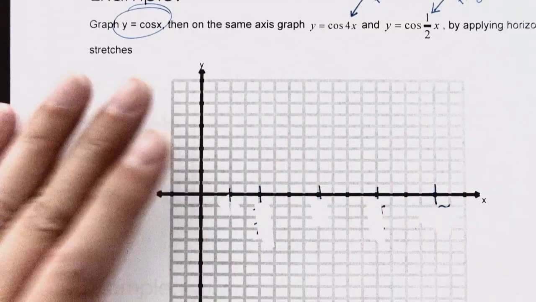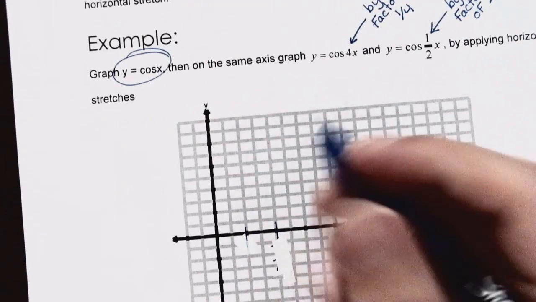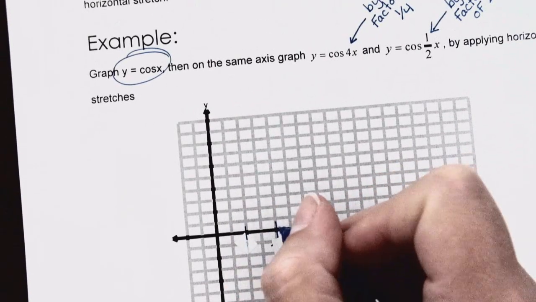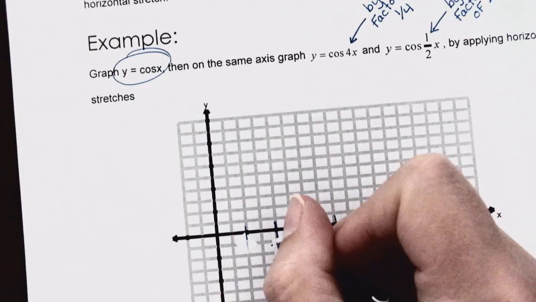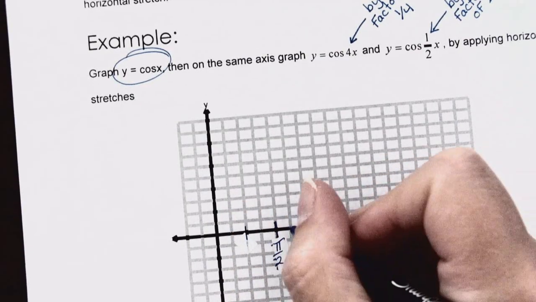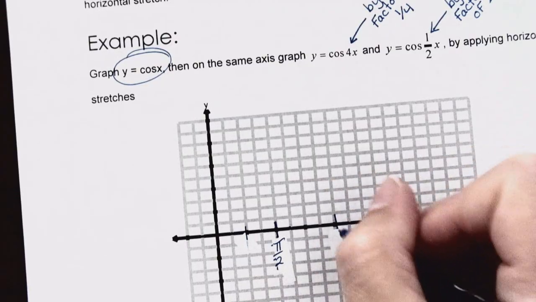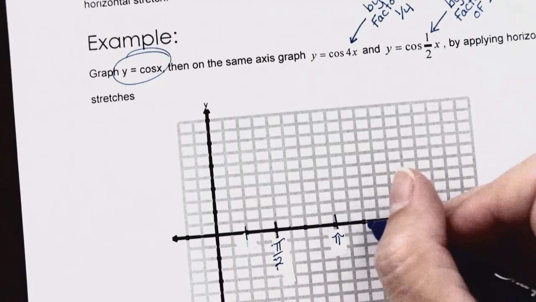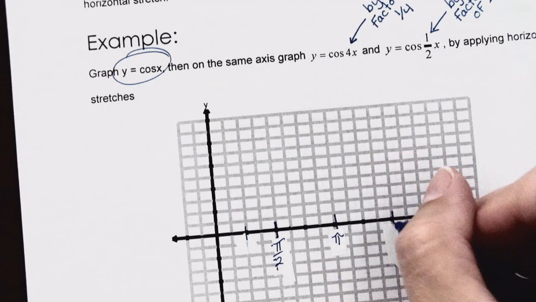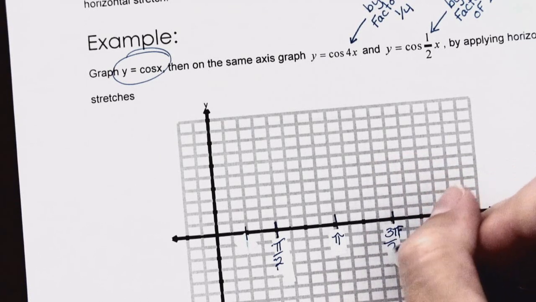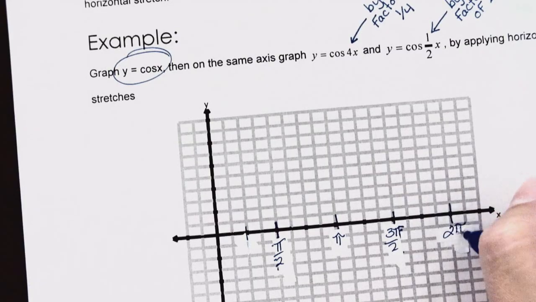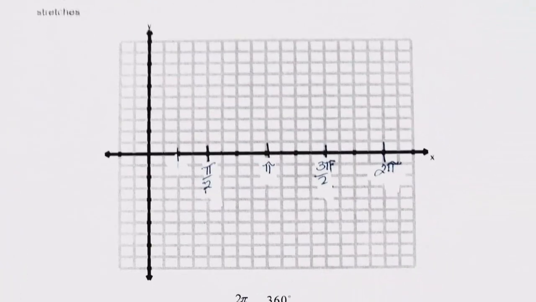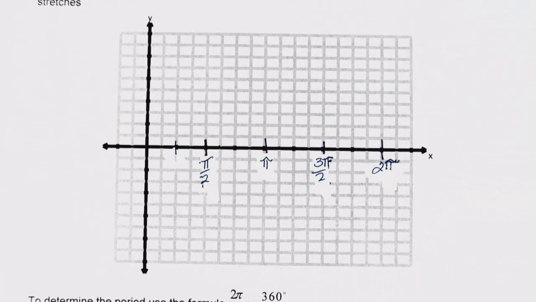I'll get caught up to you in 2 seconds. Every fourth one. So 1, 2, 3, 4. It was right. Pi over 2. 1, 2, 3, 4. Pi. 1, 2, 3, 4. 3 pi over 2. 1, 2, 3, 4. 2 pi. Okay, I was right. Counting is harder than it looks, everybody.